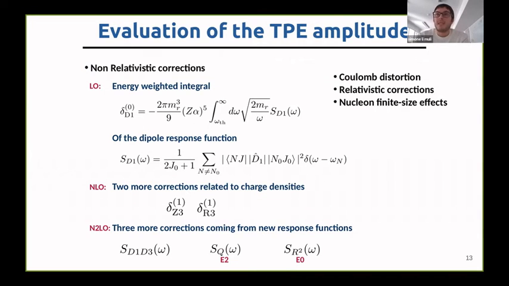We neglected Coulomb distortion effects at the beginning, so we include them back in our formalism. We include only the leading order effects of these Coulomb distortions. We include leading order relativistic corrections and leading order nucleon finite size effects, which, as we mentioned before, make the muon interact also with the neutrons and not only with the protons inside the nucleus.